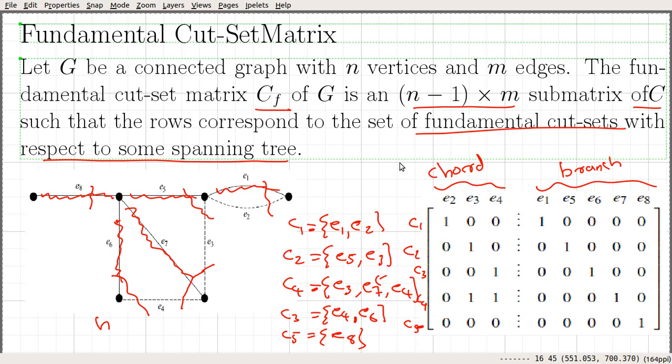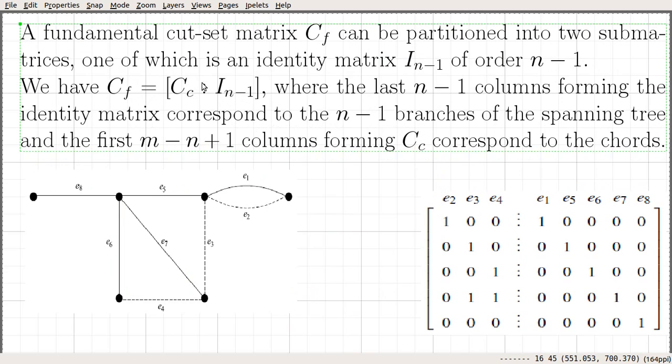And here we can see one important property of a fundamental cut set matrix. The fundamental cut set matrix C sub f can be partitioned into two sub matrices, one of which is an identity matrix of order n minus 1. So we can write this C sub f as two sub matrices C sub c and I sub n.